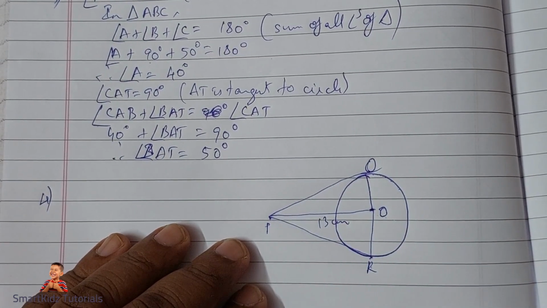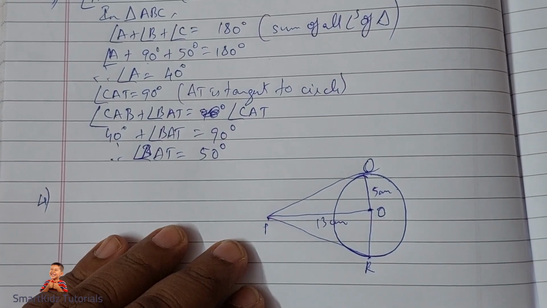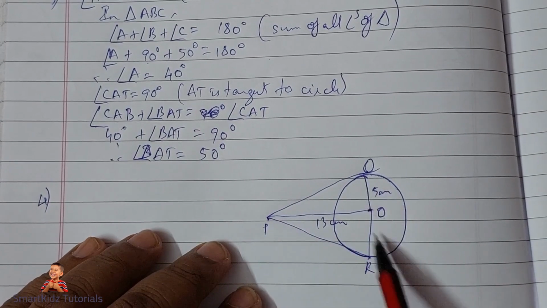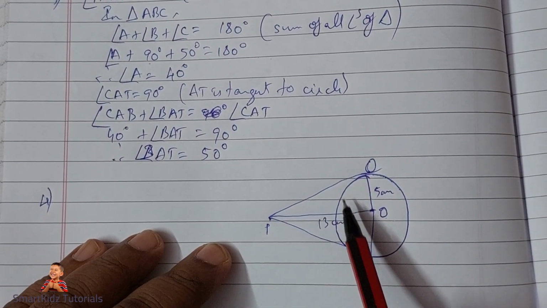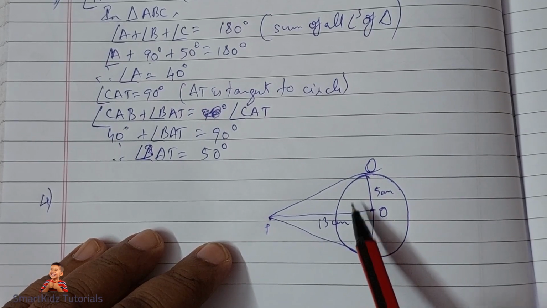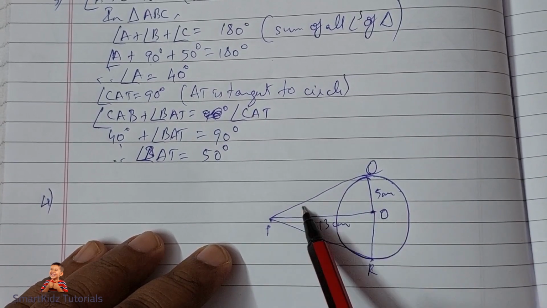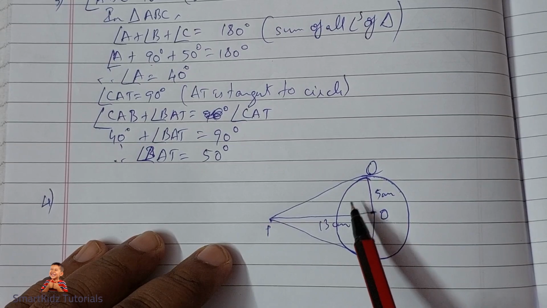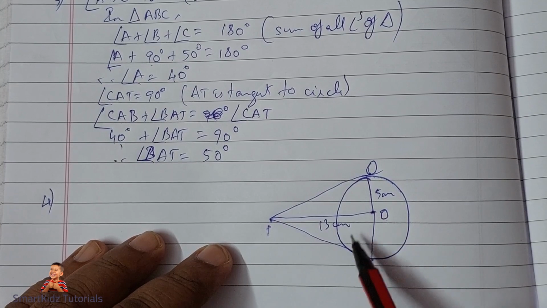Now we are also given the radius, which is 5 centimeters. We are asked to find the area of this quadrilateral. To find the area of the quadrilateral, we'll have to find the area of these two triangles. Now these two triangles are actually congruent to each other, which means if we find the area of one triangle, we are as good as finding the area of the other triangle.